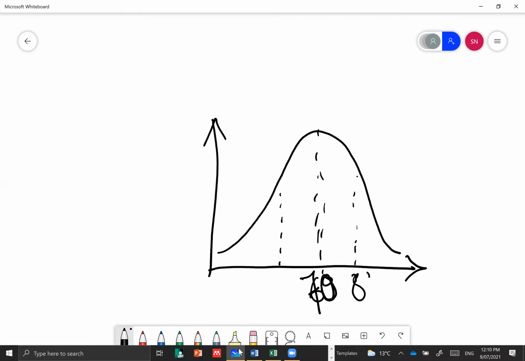So it's 89 at the higher end and 51 at the lower end. So this is one standard deviation from there to there. Make sure you're able to interpret those numbers. Once again, that is the mean or median at 70 for the exam marks data set. That's the median in the middle, and then we've got one standard deviation to the left and one standard deviation to the right.